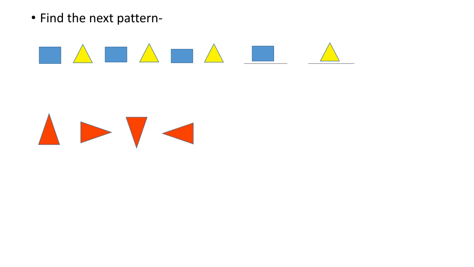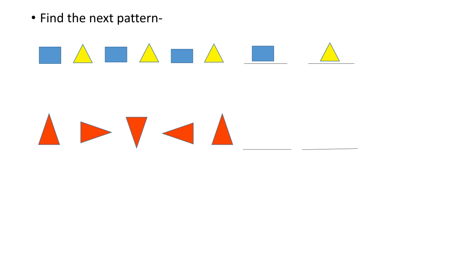The second example, if I give you, just see here the first one, the first triangle which is pointing towards the north. The second triangle is pointing towards the east and it is rotating in clockwise direction. The third triangle, if you see, is pointing towards the south and the fourth triangle is pointing towards the west.